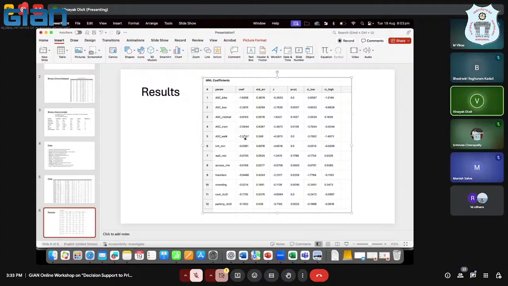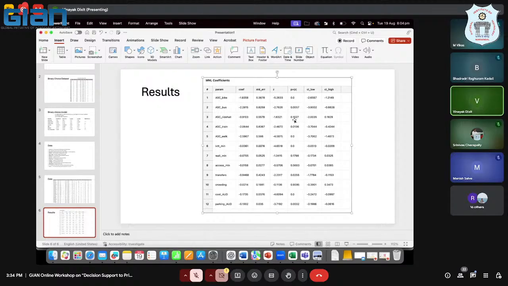Now what it is saying is that people are less likely to choose bike because it is negative and it is significant. -1.9 is significantly different than 0. But here ride hail is -0.91, which is close to 0, so people don't really have any attribute specific preference between ride hail and car, but they do have between bus and car, bike and car.